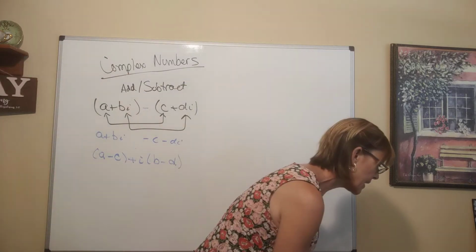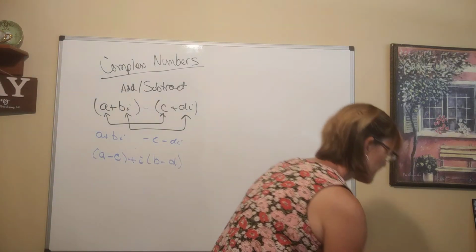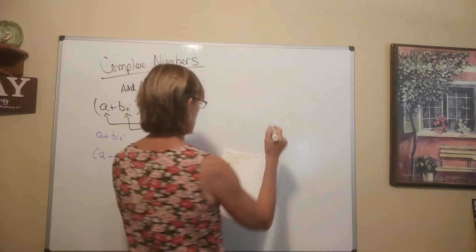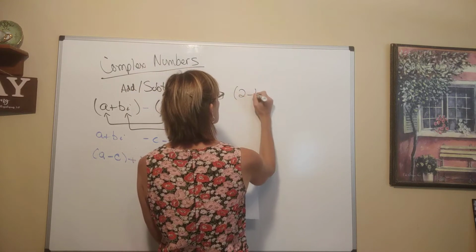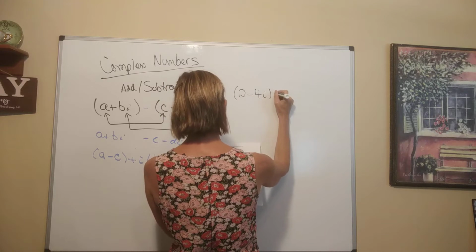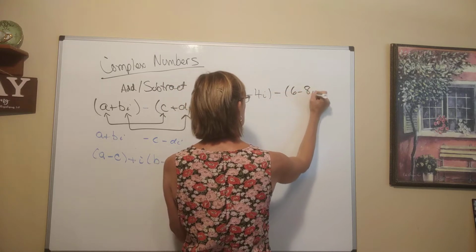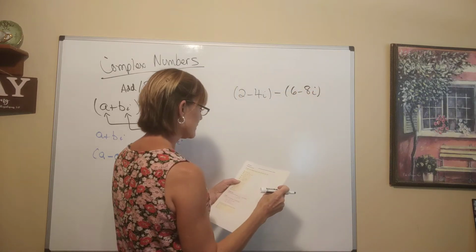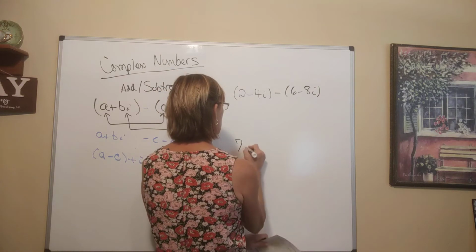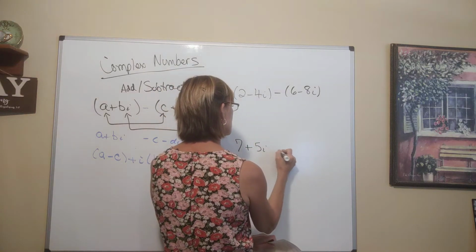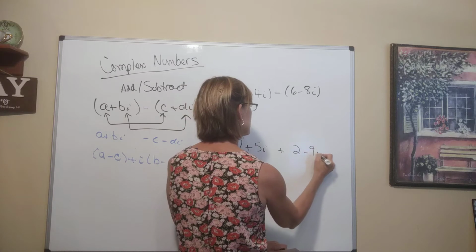So let's just add some of these together. What if we've got 2 minus 4i minus 6 minus 8i, or we have something like 7 plus 5i plus 2 minus 9i?